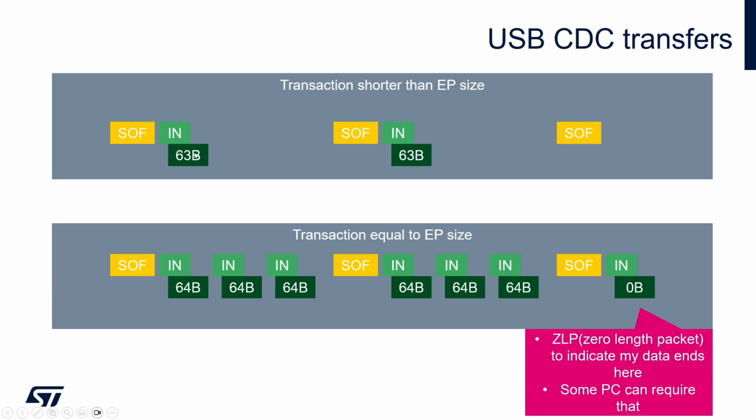If you give it data lower than the maximum size of the endpoint, which is in our case 64, it thinks, okay, this transfer is done because it gave me less than the maximum data. I can ask after the next start of frame. So basically this throughput will be 63 bytes per 1 millisecond, which is not so high.